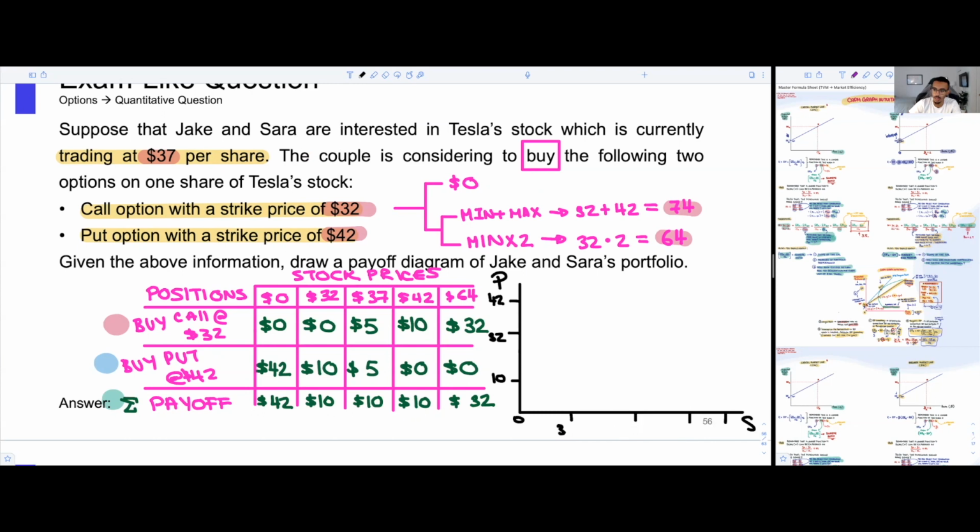Just to be more on the ball. So let's make it something that makes sense. So we would have 37 here, 42 here. Then we would have like 64 here, right? These would be dollar values. Okay. So here's our little payoff diagram.